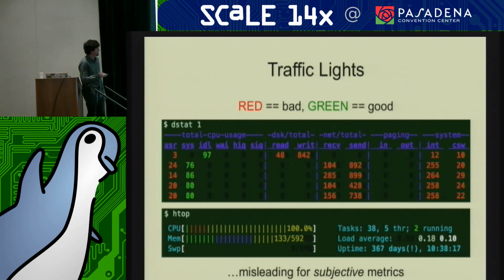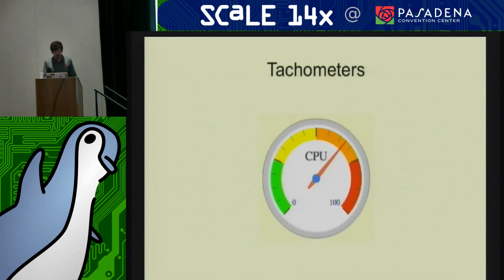And here, top has got its own color highlighting for the same workload, which can be more misleading than useful. So I find traffic lights are good for objective metrics, like actual failures. They can be misleading for subjective metrics, where it can be latency or IOPS, and it's not clear. It's based on your business requirements what is good or bad.